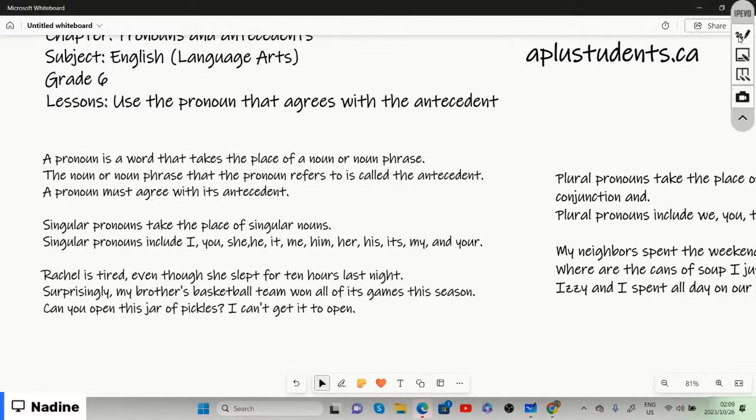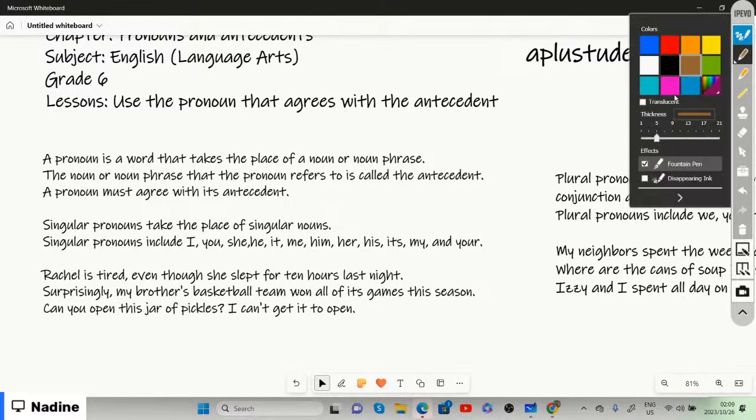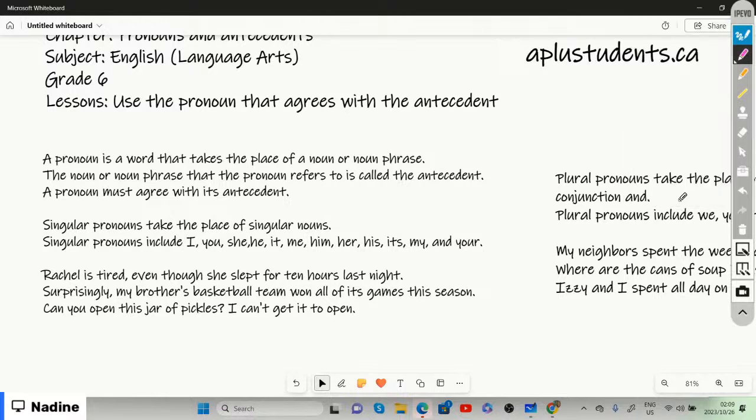So when it comes to pronouns, we have singular pronouns and we have plural pronouns. A singular pronoun takes the place of a singular noun.